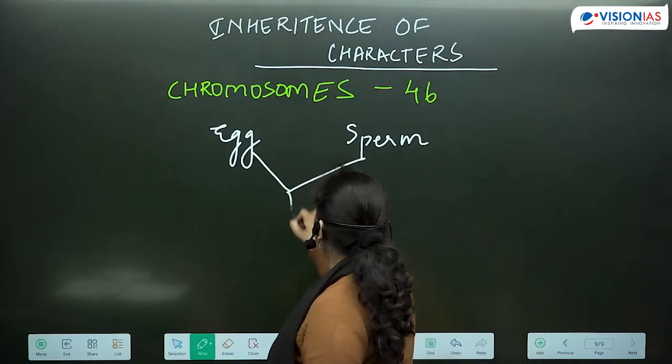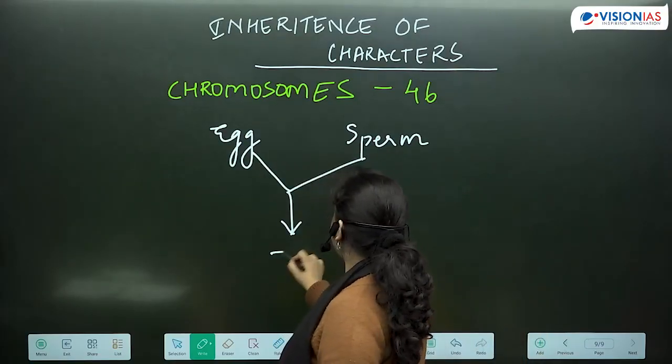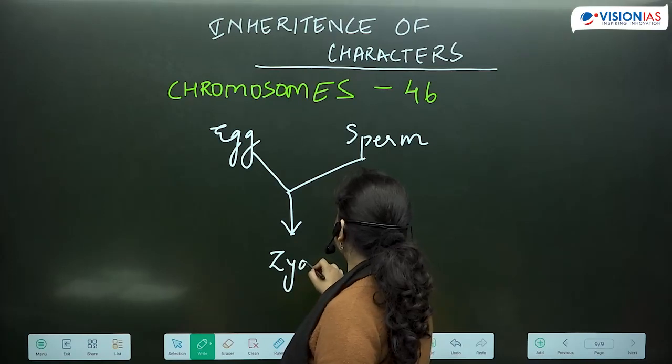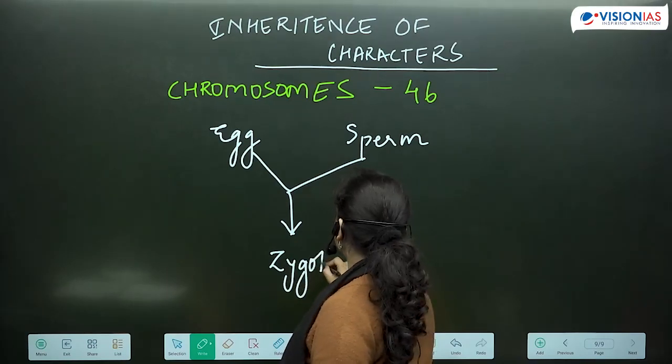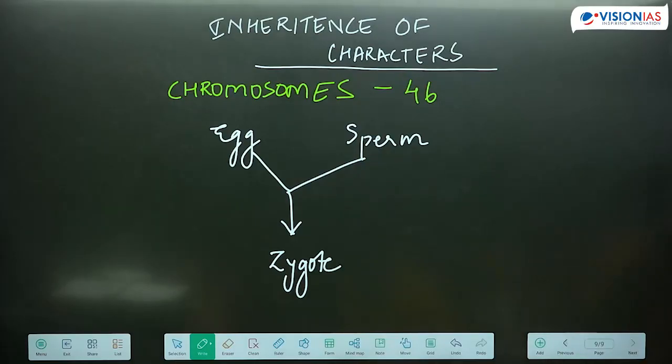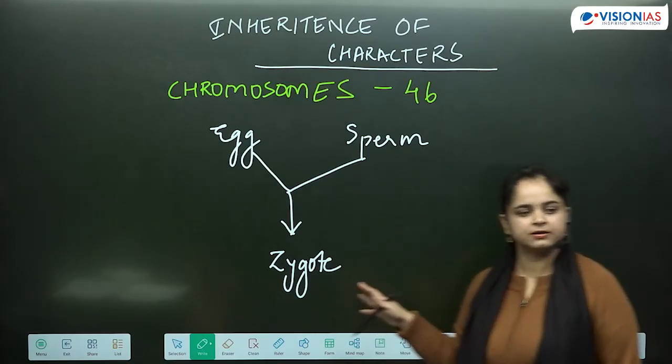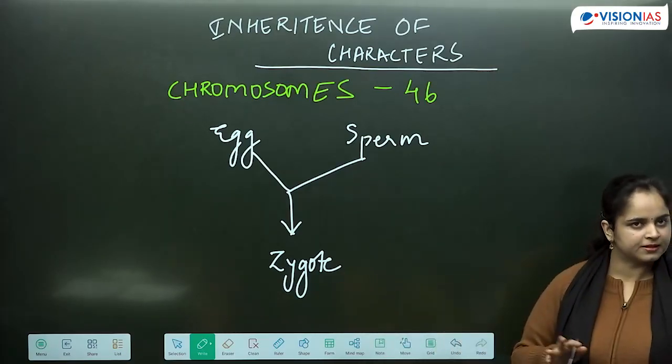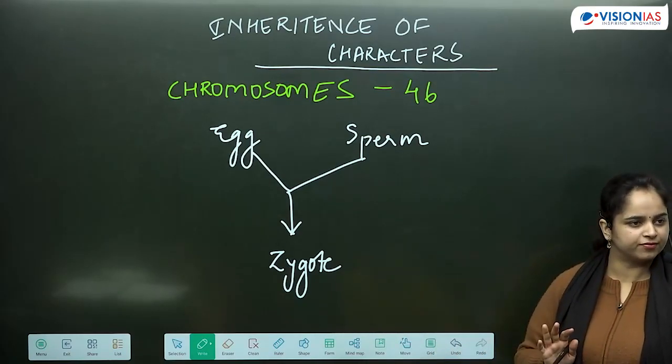They meet, they fuse, and you get the first cell of life, which is the zygote. So the life of an organism starts with a single cell, which is the zygote. This is the first cell of your life.